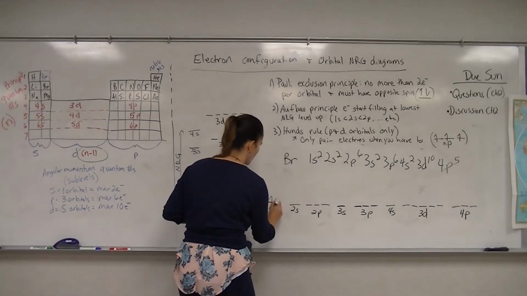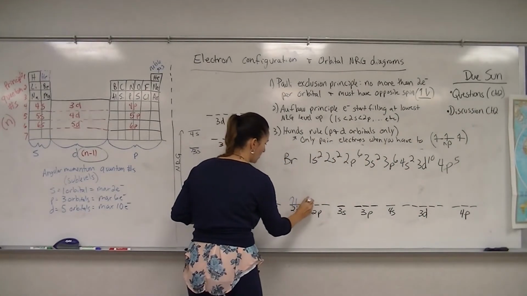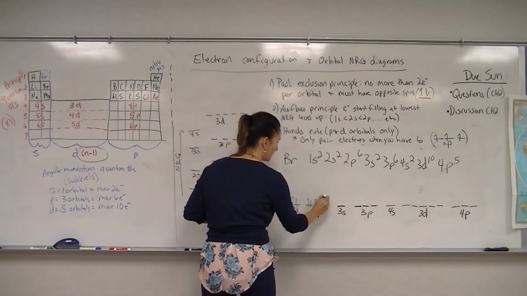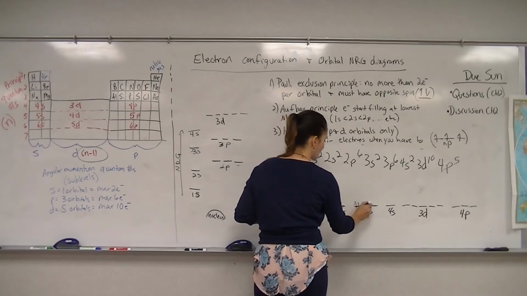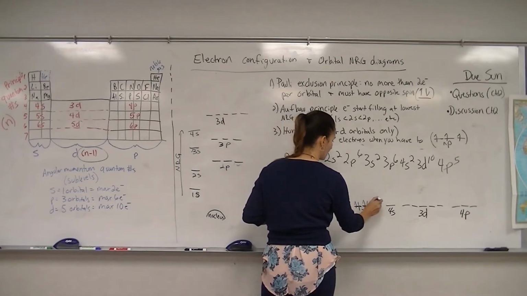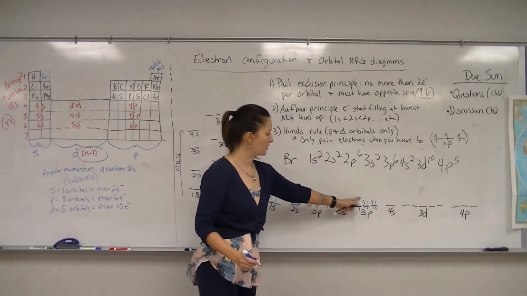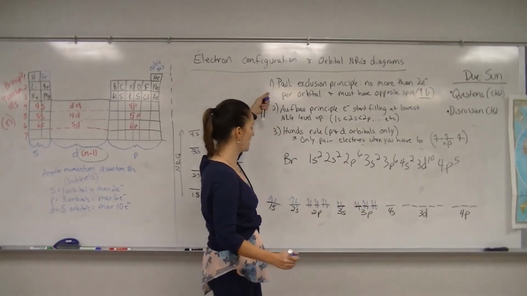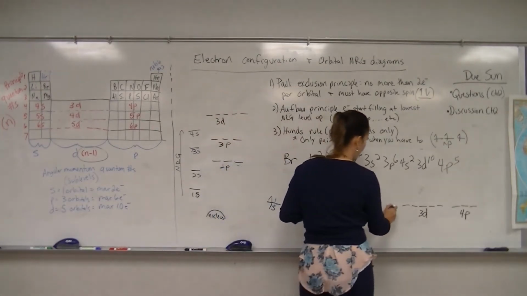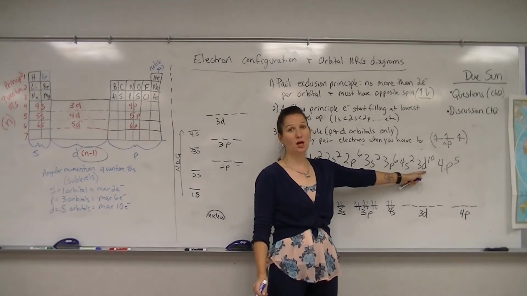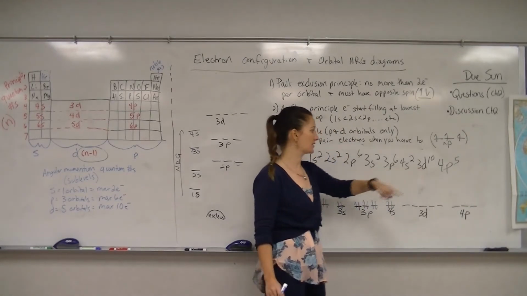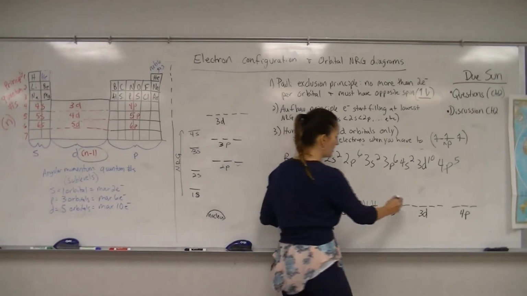When you're filling this out on your homework, make sure that for all of the full orbitals, you're putting the electrons one up and one down in each orbital, opposite spins, following the Pauli exclusion principle. When we get to the d's, remember 3d. A lot of people put 4d there and get that incorrect. The d's are always one less than the period they're in.